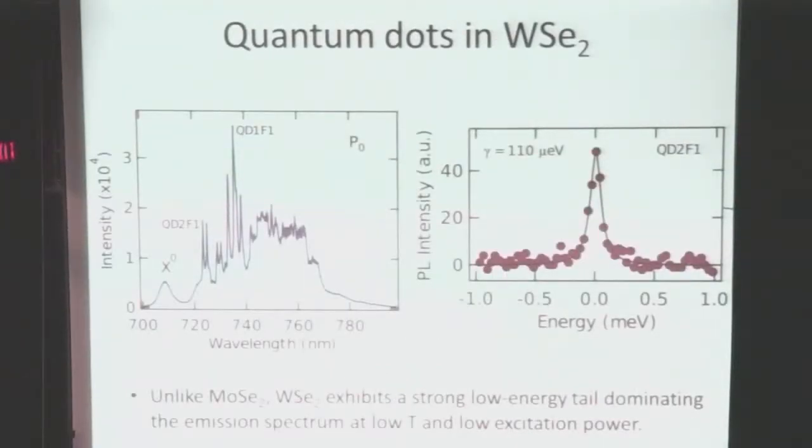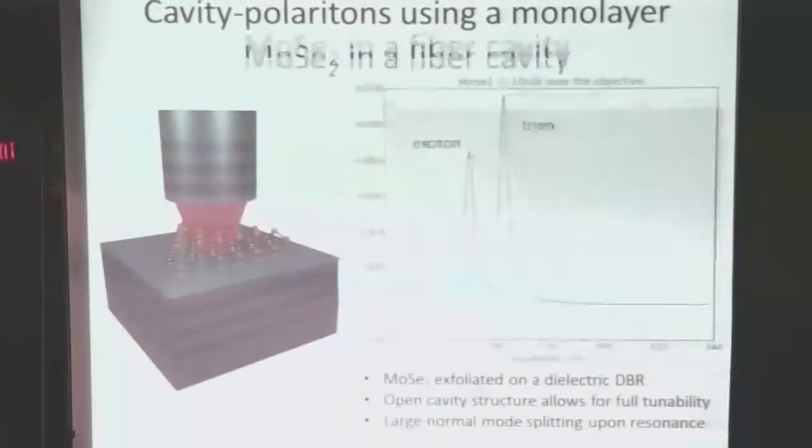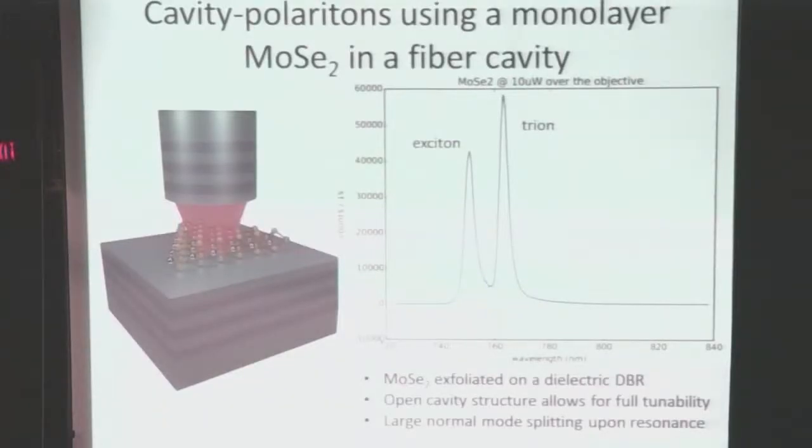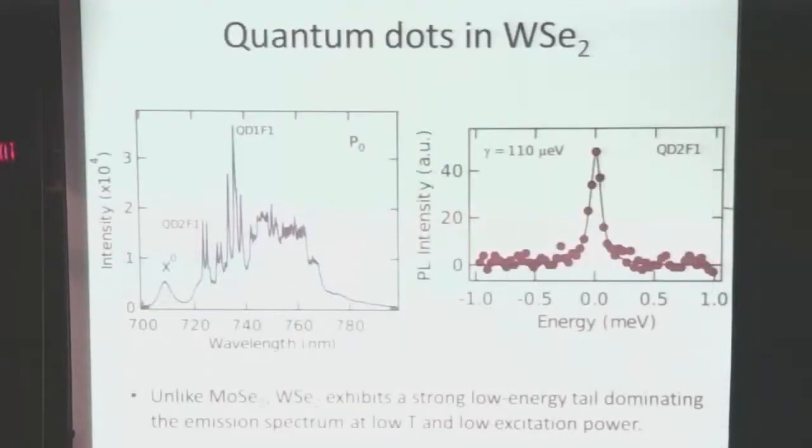Now, this was in molybdenum diselenide. If you go to tungsten diselenide, we accidentally ran into something interesting. There, the spectrum is a lot dirtier than what I showed you earlier, right? So this is a very clean two-peak structure. In tungsten diselenide, the exciton peak is relatively weak at low powers, and the spectrum is dominated by a red-shifted broad feature.